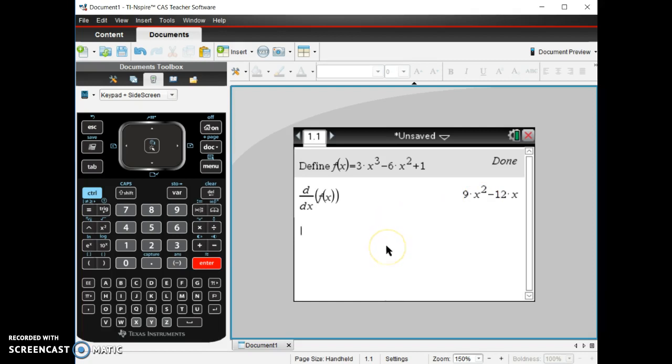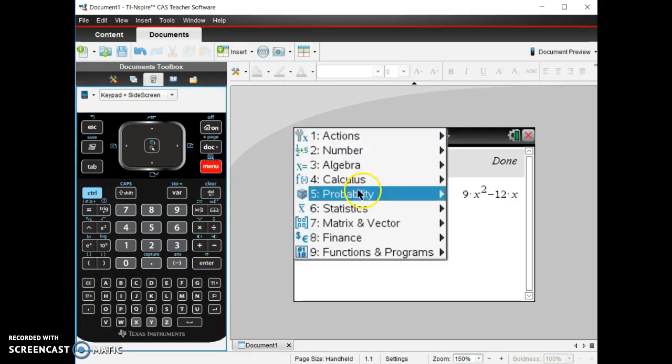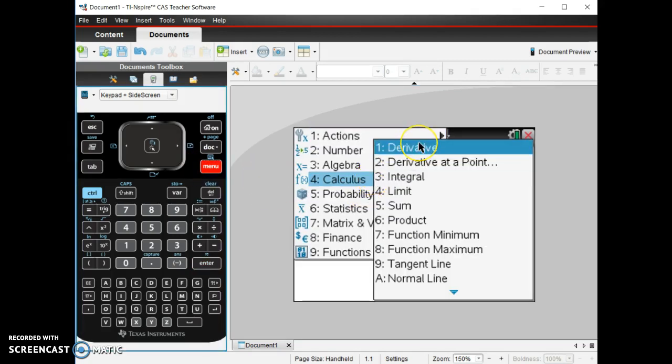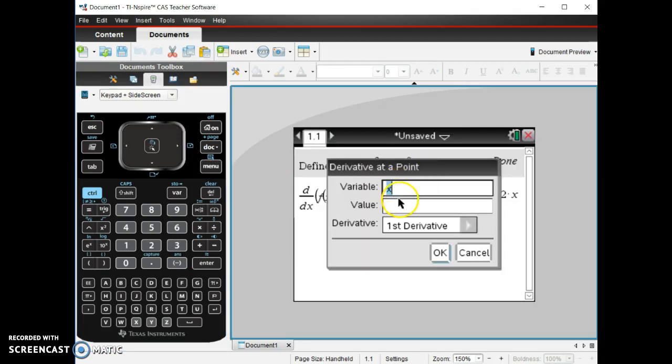If we want to find the derivative when x is equal to a particular value, so if we'd like to find the derivative at x equals 1, we can go to Menu, Calculus, Derivative at a point. X is the variable we're interested in. If we want to find the value of the derivative at x equals 1, we make the value equal to 1.